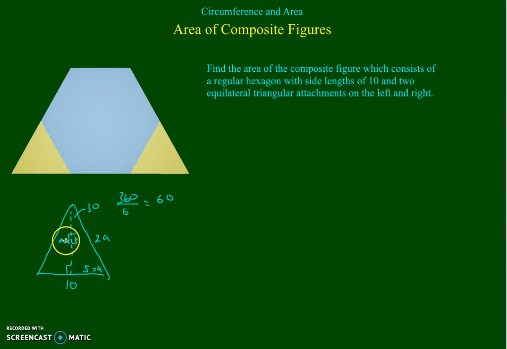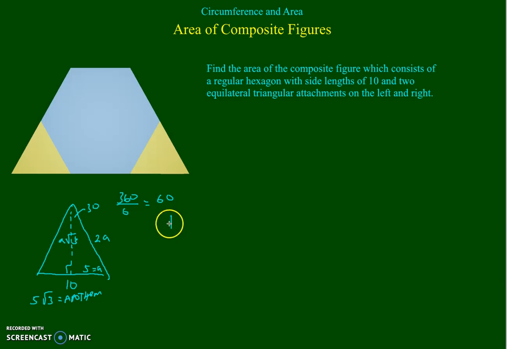So that means our apothem is A square roots of 3, and A is 5. So our apothem is 5 square roots of 3.